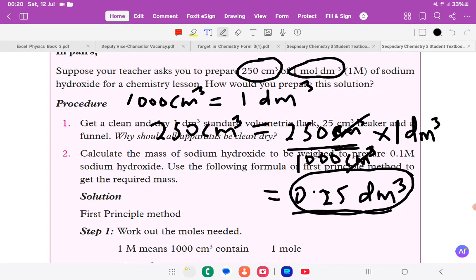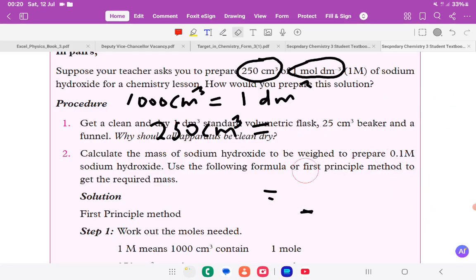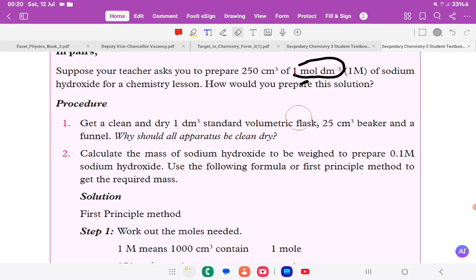Okay, all right, so let's go on with the procedure. First and foremost, you get a clean and dry 1 cubic decimeter standard volumetric flask. If you don't have one readily available, you have to clean one, or you have to ask those in charge of your lab to give you one.